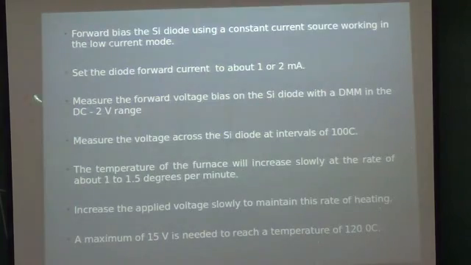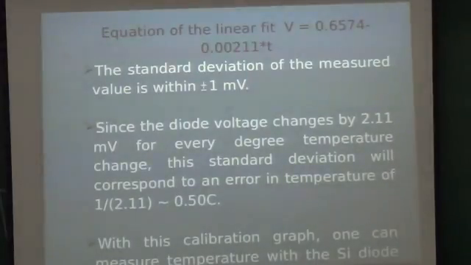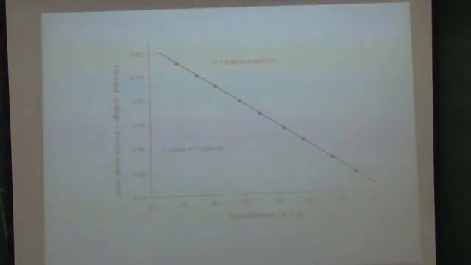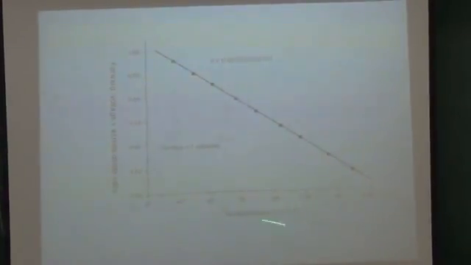So we record the forward bias voltage, with a fixed current passing through the PN junction diode, as a function of temperature, and we plot a graph. Unfortunately, the graph is not coming here. If you fit a graph to the data, this is the graph: we have the forward voltage V across the diode, and this is the temperature.